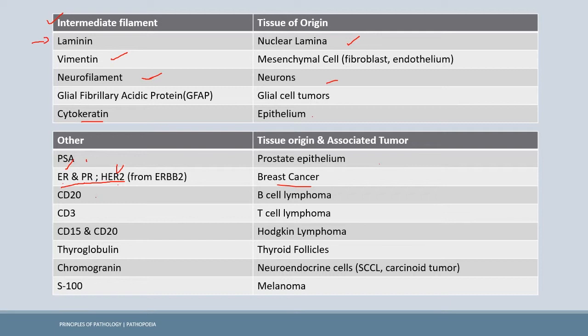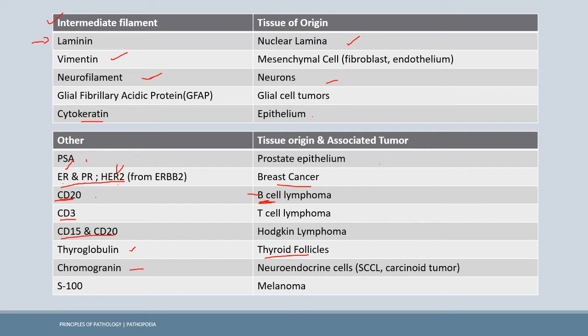Now CD20, you must remember this, that CD20 is a tumor marker for the B cell tumors. CD3 for the T cell, and Hodgkin lymphoma we use both CD15 and CD20. For thyroid follicles, we use thyroglobulin, which you can recall we have in the thyroid follicular cells.